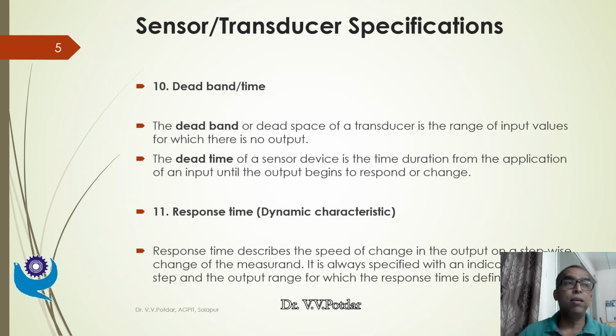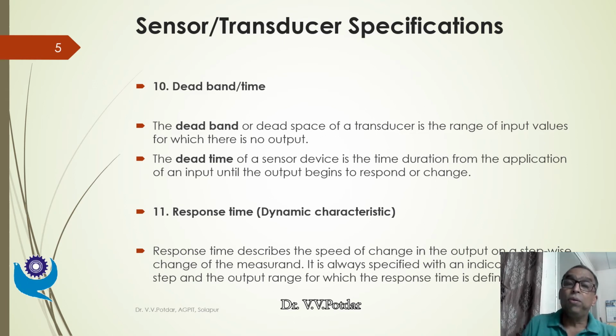If you have seen, I don't know whether you have done your fluid machine practicals, there are pressure gauges even on the turbine test rig, even on the pump test rig. You will see that the pressure gauges are constantly flickering. That means those pressure gauges are not having good dynamic response characteristics. They should remain stable even if there are dynamic variations in pressure values.